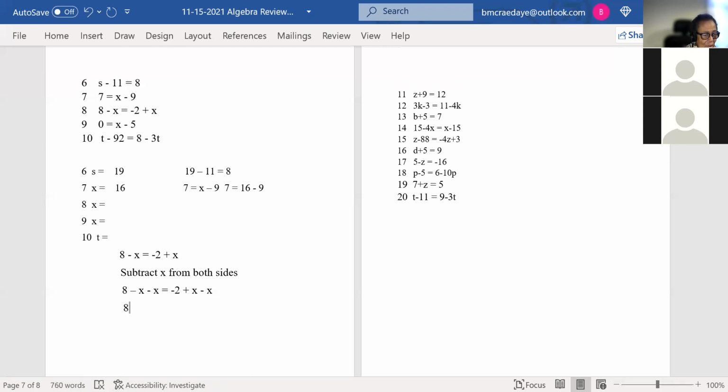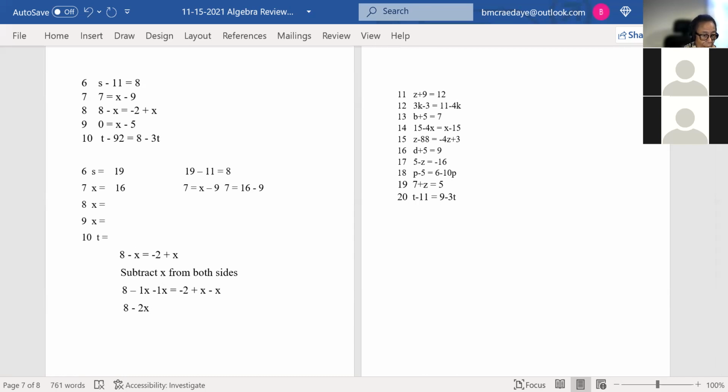And the coefficients are 1. So a minus 1x and a minus 1x gives you a minus 2x. Okay, so we have 8 minus 2x.